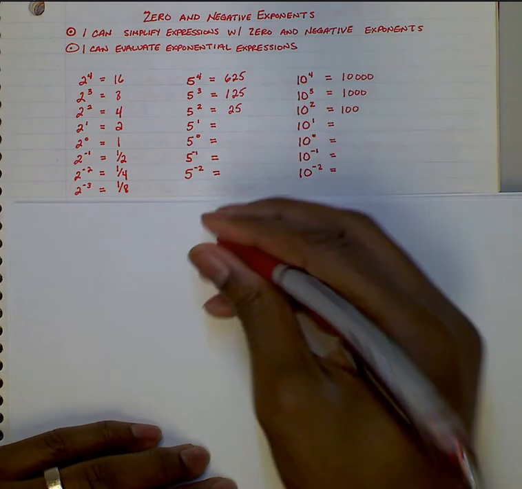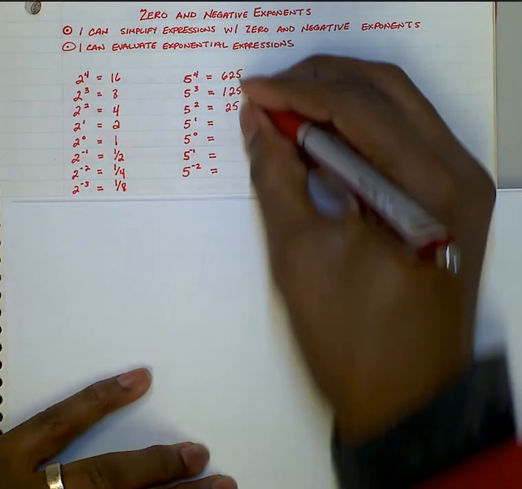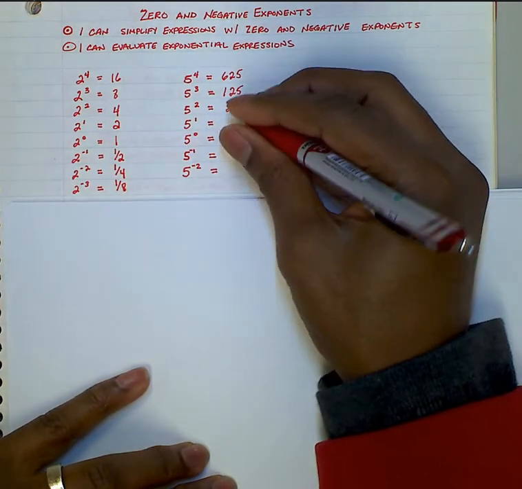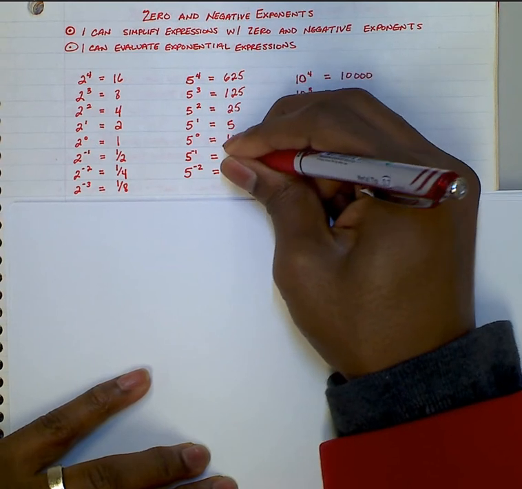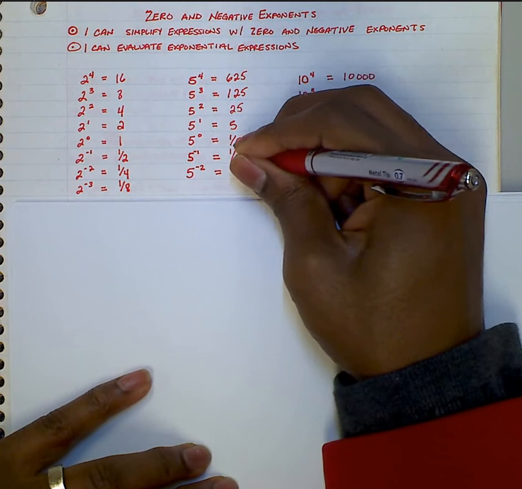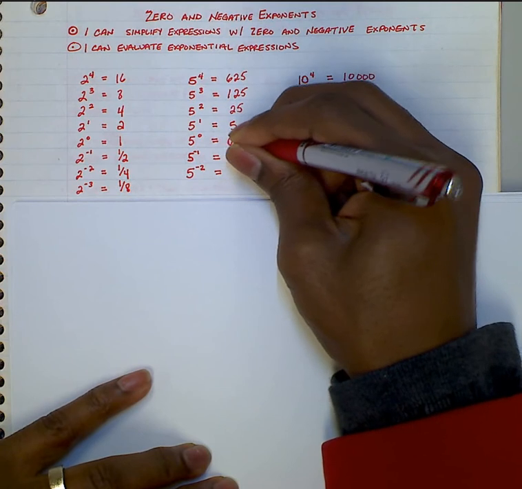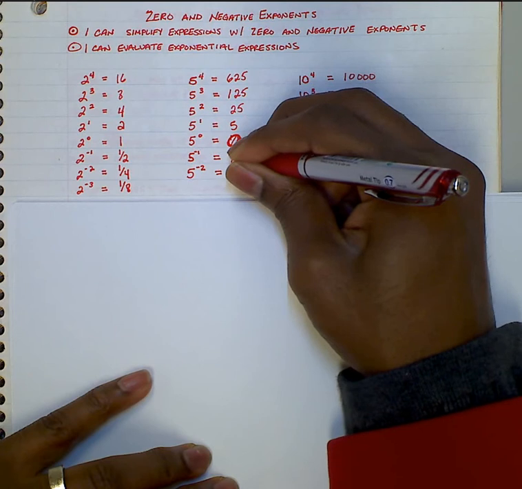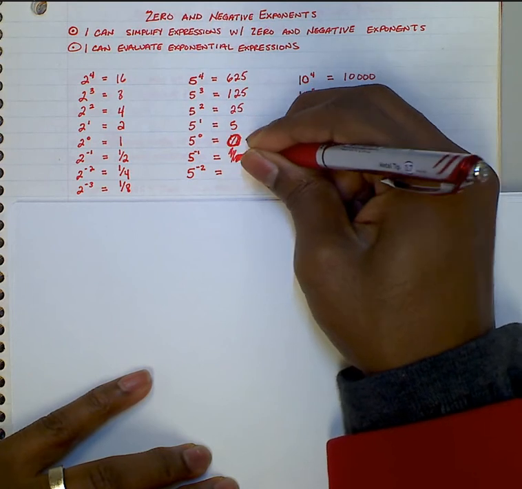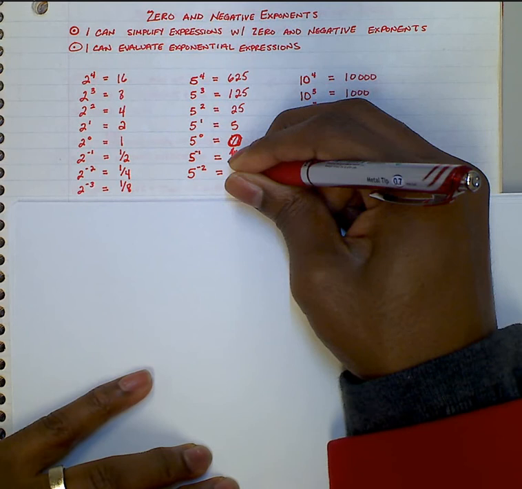I'm going to continue, and you can as well, filling these out just so we can talk about what's consistent. 5, 1/5, oops, sorry, 5, 0, 0. 1 over 20, or 1 over 5 now. Mess up once and it's all behind you. And then 1 over 25.